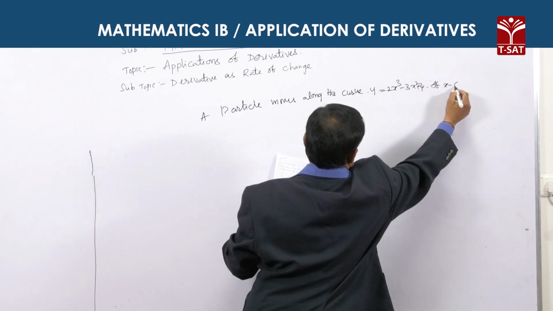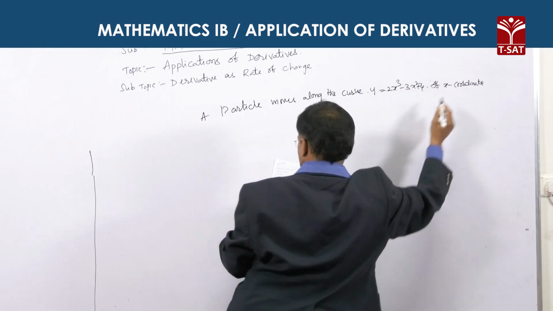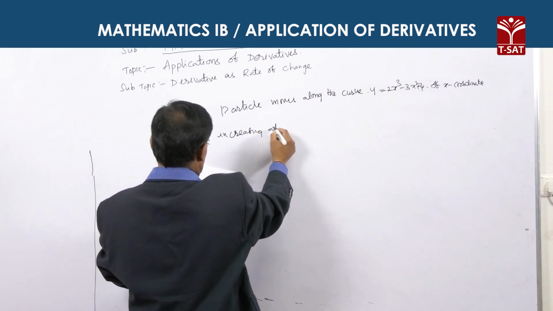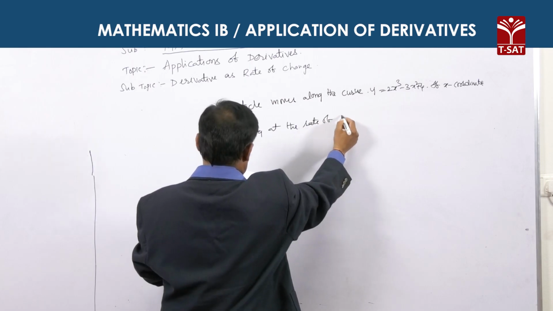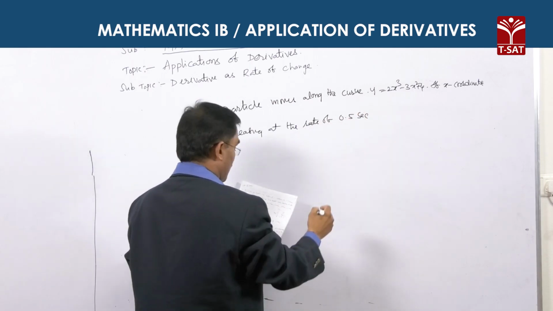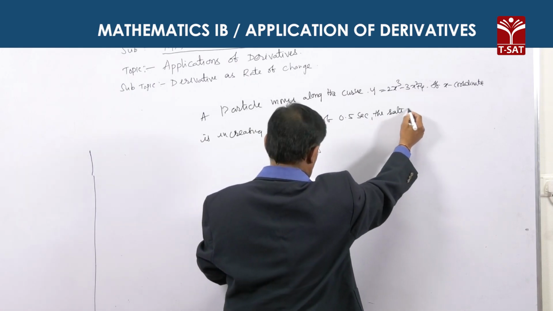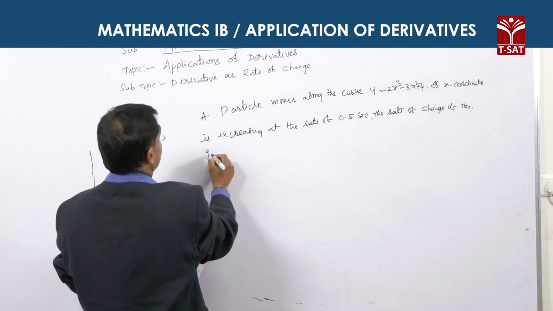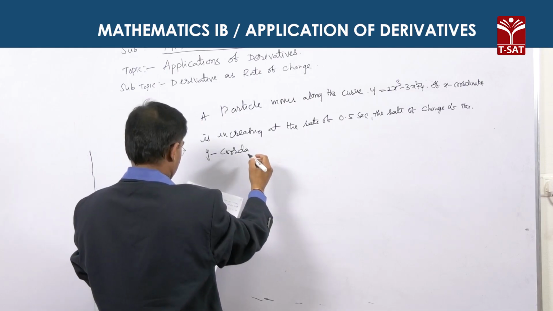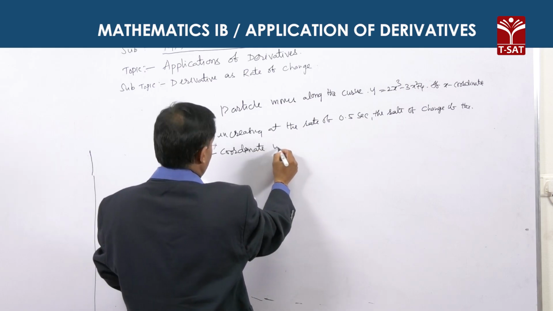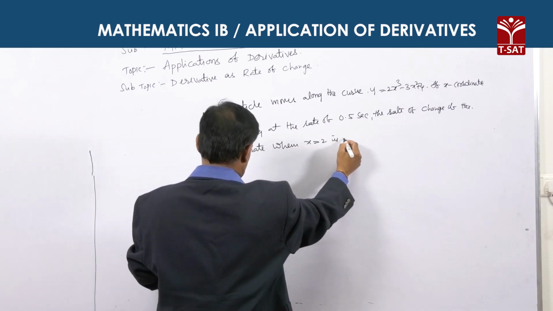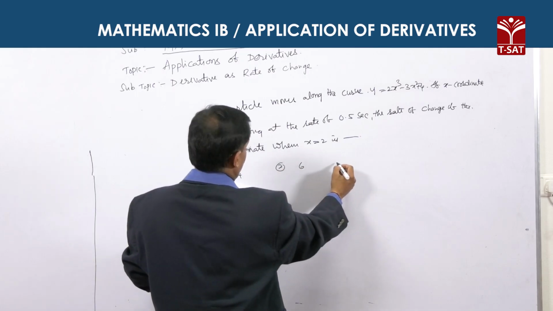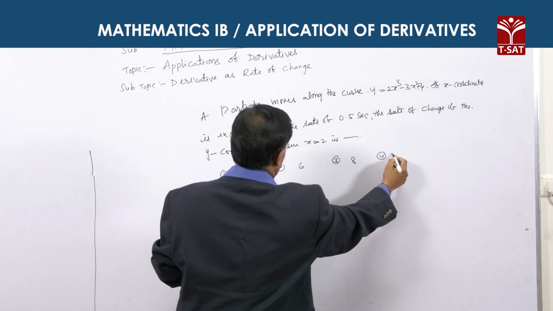If the x coordinate is increasing at the rate of 0.5 per second, the rate of change of the y coordinate when x is equal to dash. The options are: first response 4 seconds, second response 6 seconds, third response 8 seconds, and the fourth response 2 seconds.